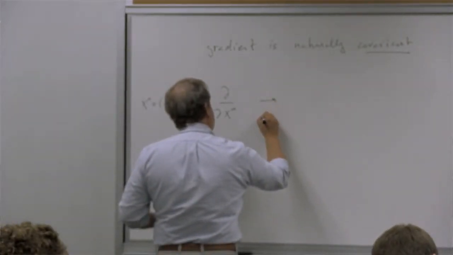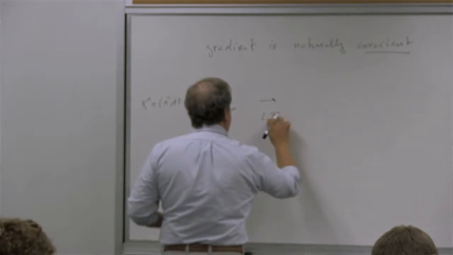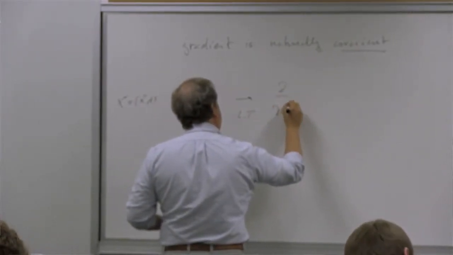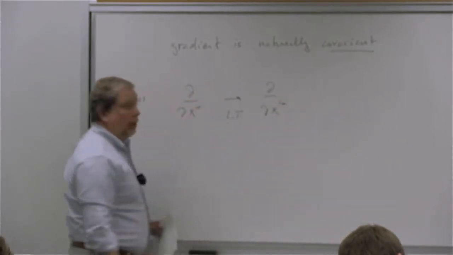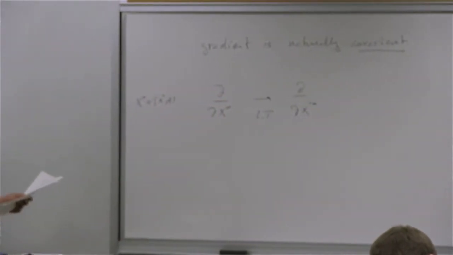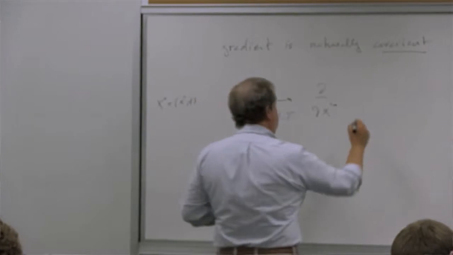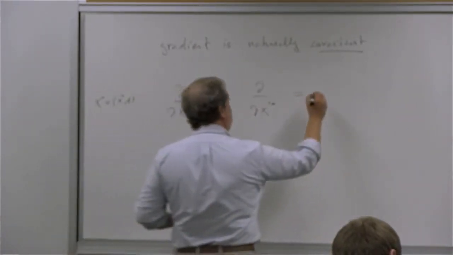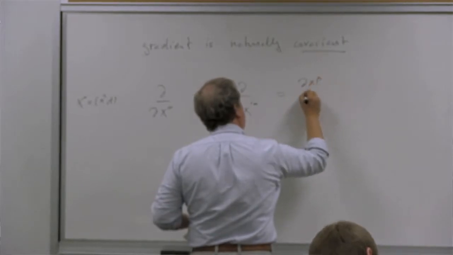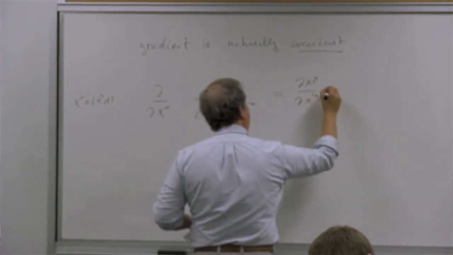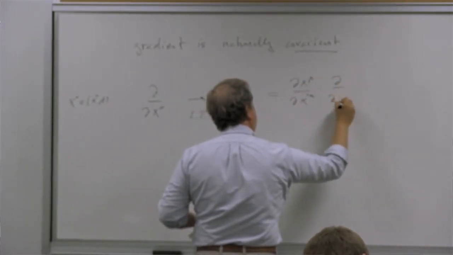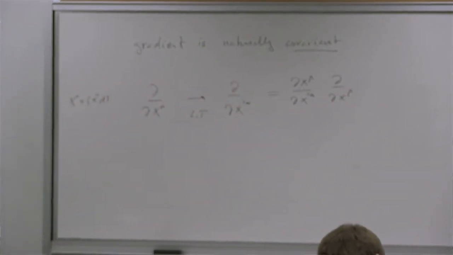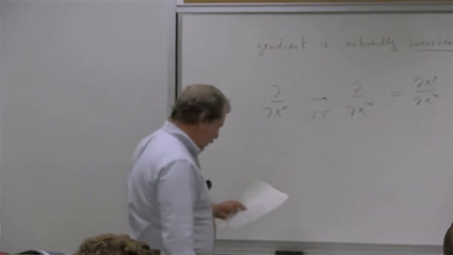So when you do a Lorentz transformation, then this goes into a d by dx prime alpha like this, right? And now we can just use the rule that this is equal to dx beta by dx prime alpha times d by dx beta. You can write it in this way by just multiplying and dividing by differentials.